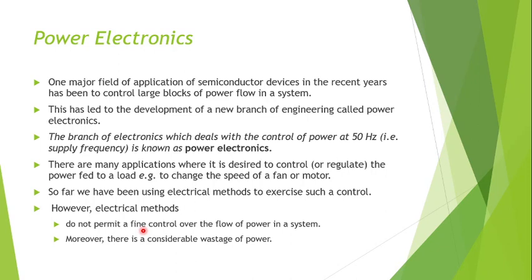Whereas the newer power regulators which are made using Analogue TRIAC, you have a fine control over the flow of power. And secondly, there is a considerable wastage of power when you are using a resistor, because the resistor decreases the power by converting that power into heat. So power is dissipated as heat and is wasted as heat, which does not happen in a TRIAC.